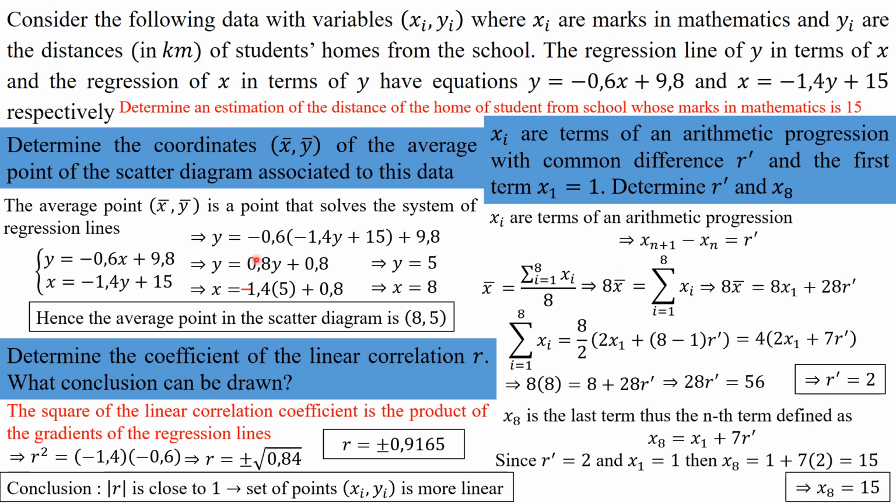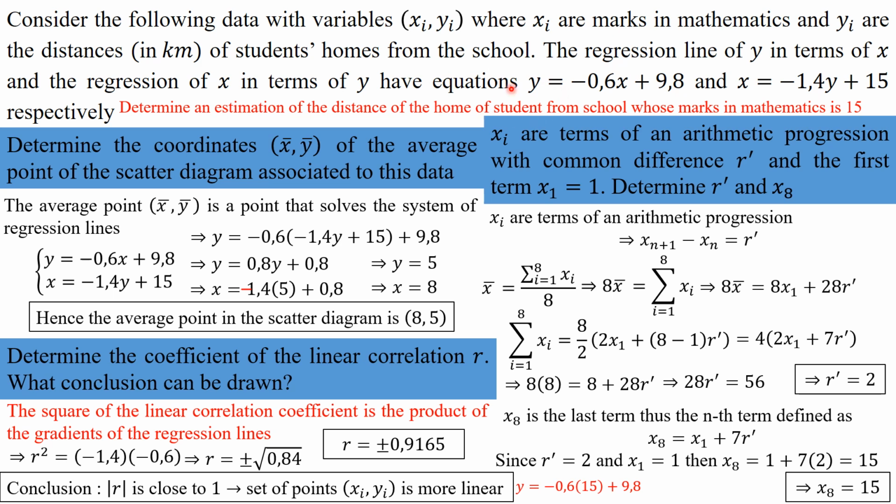Now the last part of the problem is asking us to determine an estimation of the distance of the home of the student from school whose marks in mathematics is 15. So the marks in mathematics being 15 simply means that I just come to my regression line here. I replace x with 15, because we're told that xi are the marks in mathematics and yi are the distances.